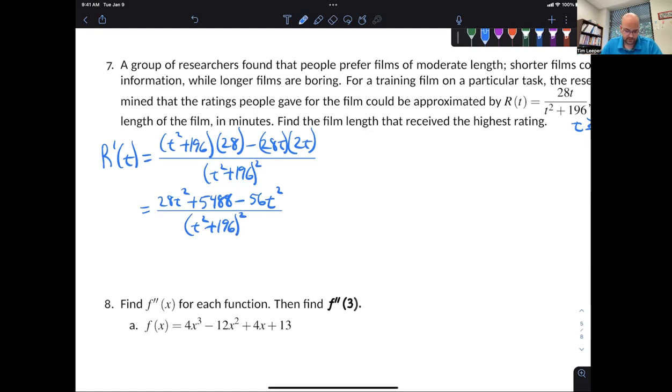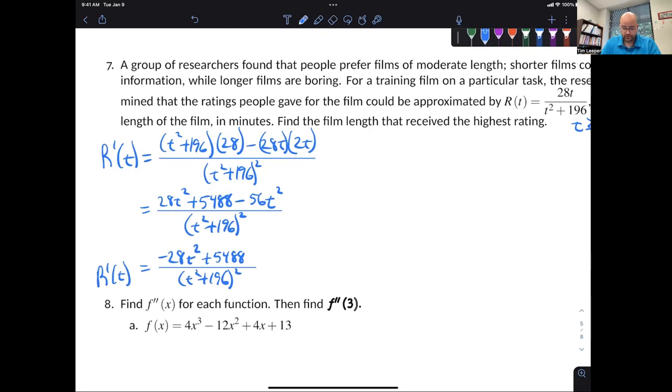Good. Now combine those two, that gives me negative 28t². So that's negative 28t² plus 5488, all over (t² + 196)². Good. And that is our derivative.